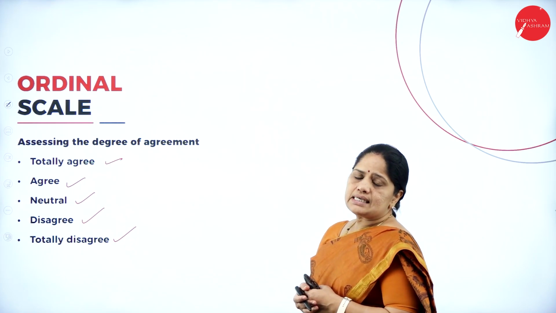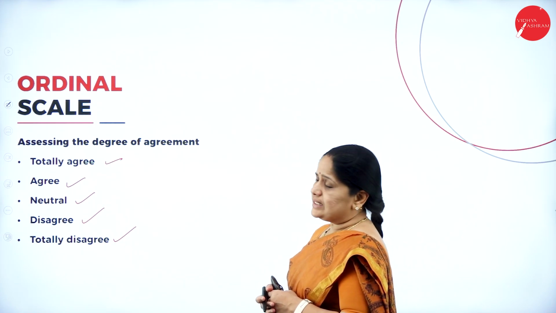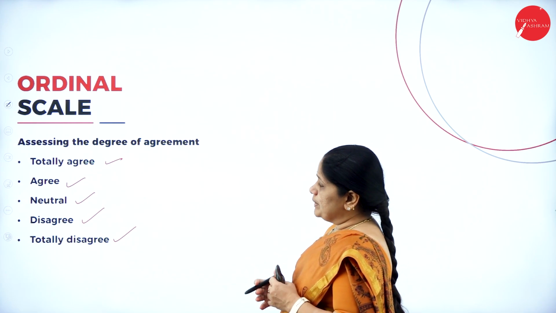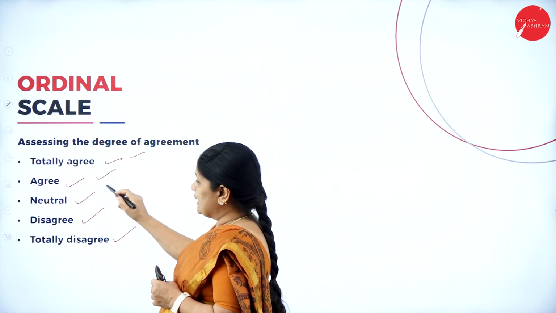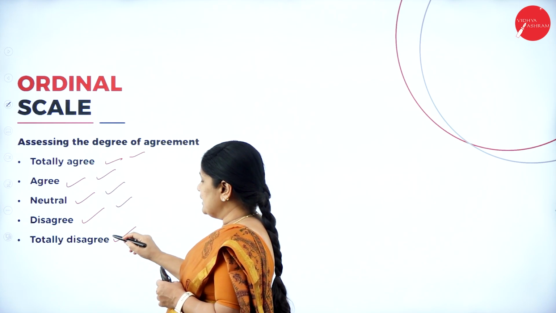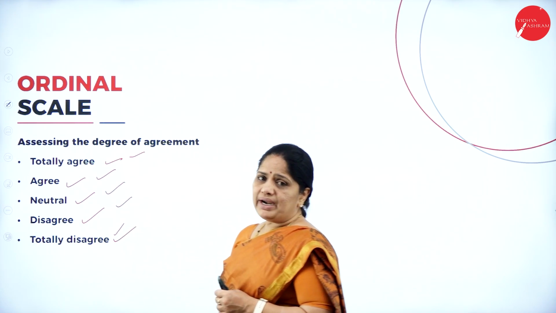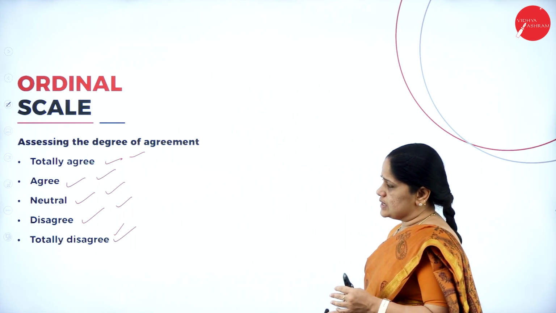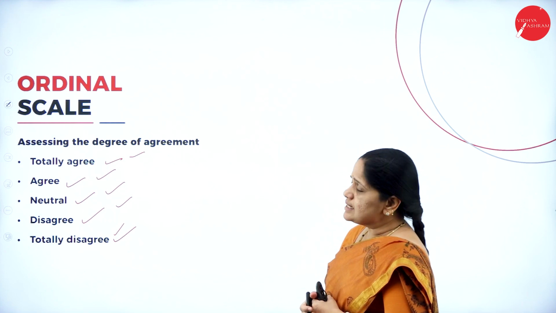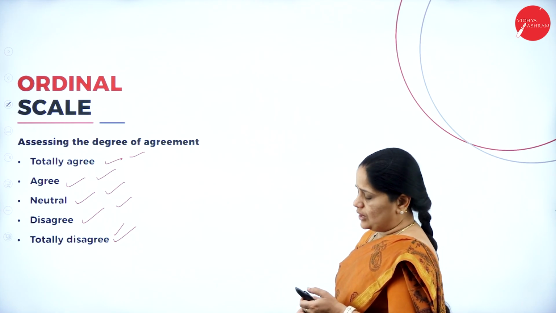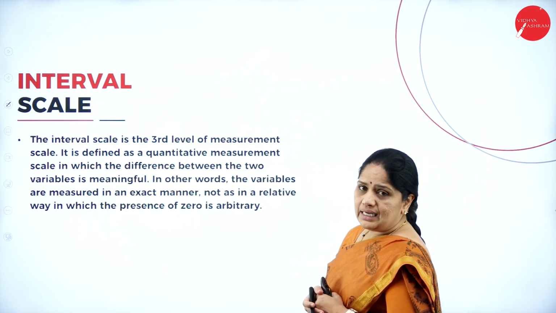Then the researcher will come to a conclusion whether the maximum number of people are agreeing with the situation or disagreeing. Depending on the percentage of the responses, we calculate the number of responses and come to a conclusion. So, this is the ordinal scale.